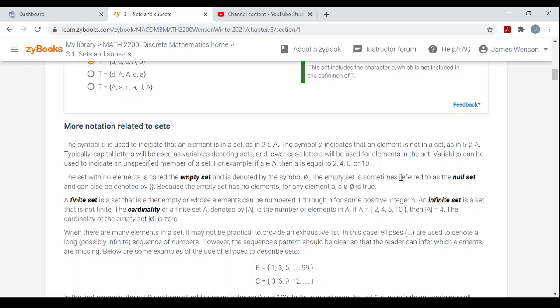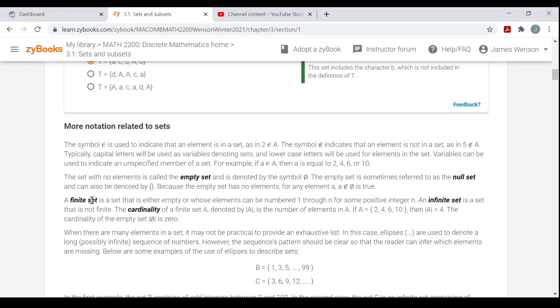The empty set is sometimes referred to as the null set, again, nothing in it, and can also be denoted by just an empty set of curly braces, where I write just the braces with nothing in between them, no elements. Because the empty set has no elements, for any element a, a is not an element of the empty set is a true statement. Because again, nothing is an element of the empty set.